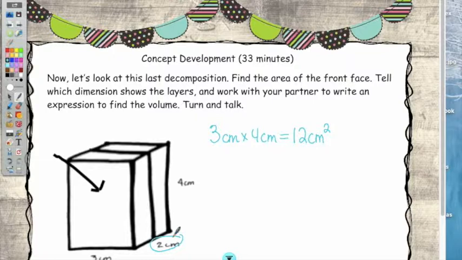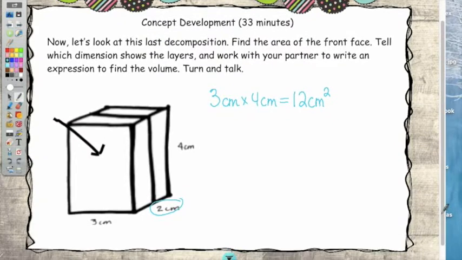Now watch how I'm going to write it, because this is pretty important and I want you to write it down. The measurement I haven't used yet is 2. So I'm going to write 12 centimeters squared times 2 centimeters equals 24 centimeters cubed. So this is 2 measurements, isn't it?